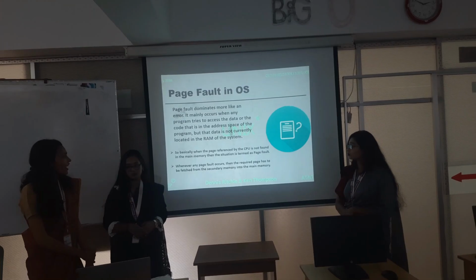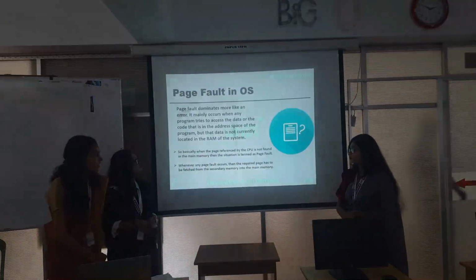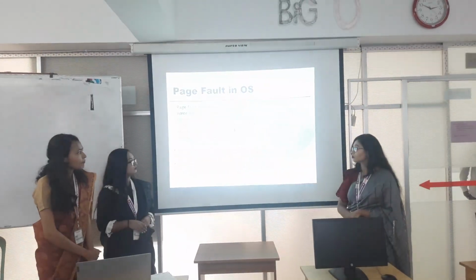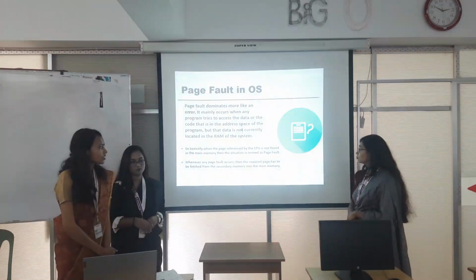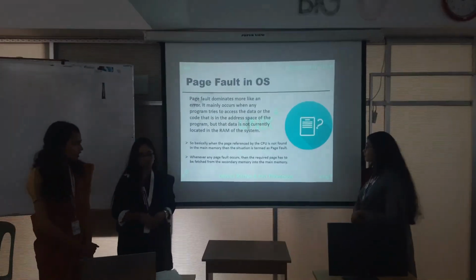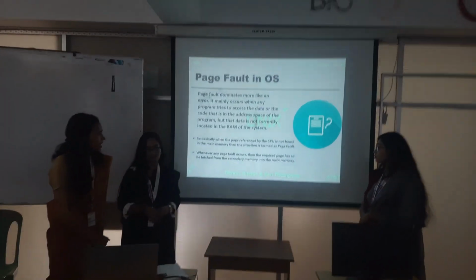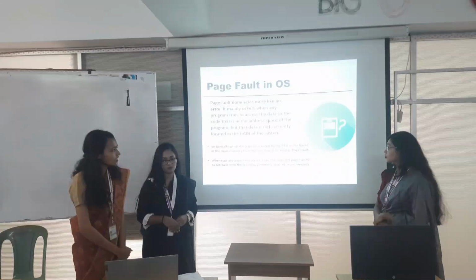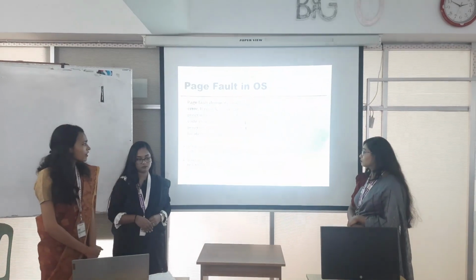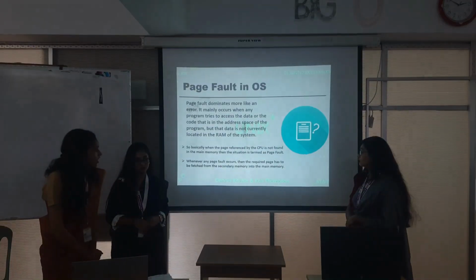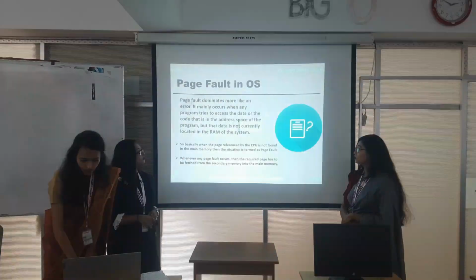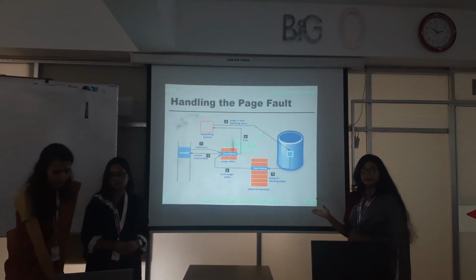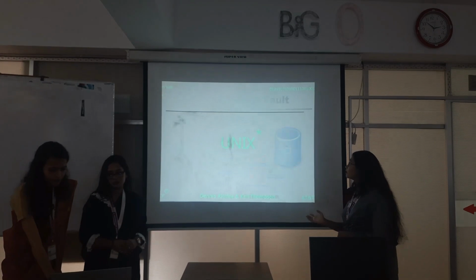Basically, when the page referred by the CPU is not found in main memory, the situation is termed a page fault. Whenever a page fault occurs, the required page has to be fetched from secondary memory into main memory. This is the diagram about handling a page fault.